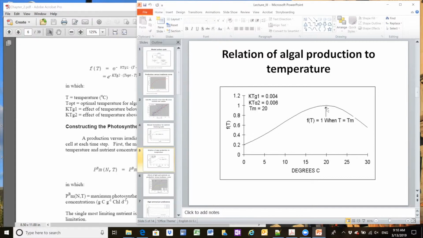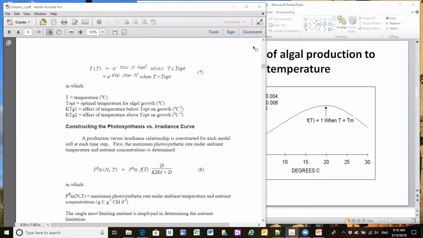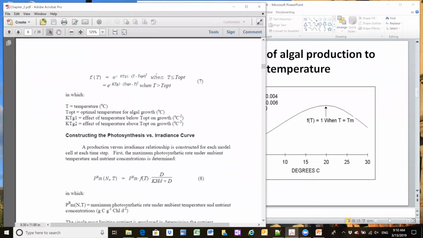But basically, it's shaped like this, and the shape that does that is a probability curve. This is what the temperature function looks like. So when the temperature is above or below the optimum, it's this. I wouldn't worry too much about where that came from, but it gives us the shape that we want, which is it smoothly approaches a maximum and declines on the other side.